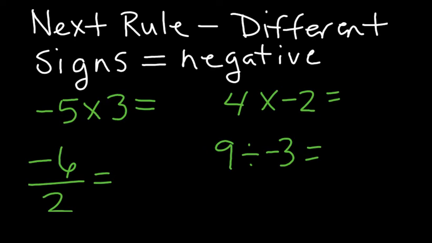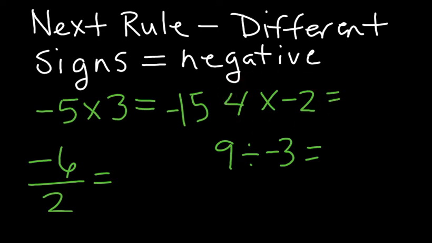Okay, next rule. When they're different, when one's positive and one's negative, the answer is going to be negative. So, look at these. They're different. One's negative, one's positive. The answer is negative. So, -15. Different. 4 times -2. One's positive, one's negative.